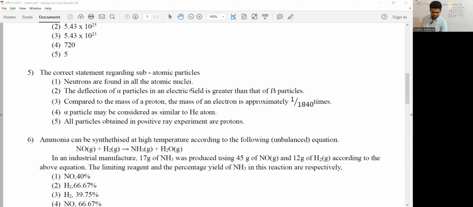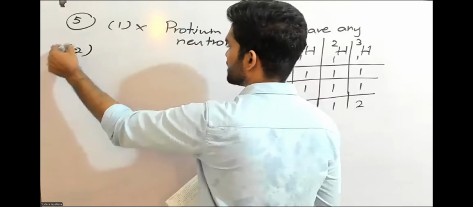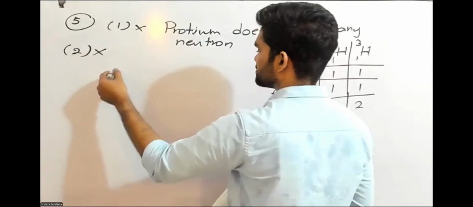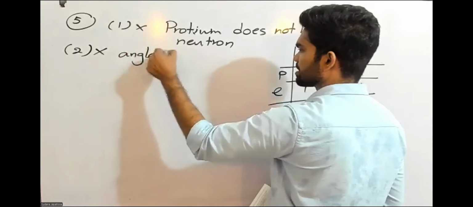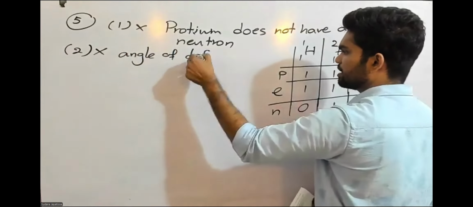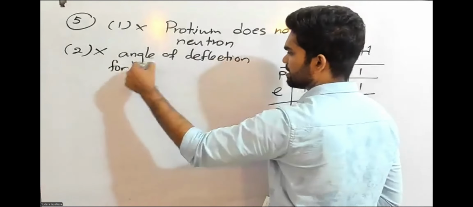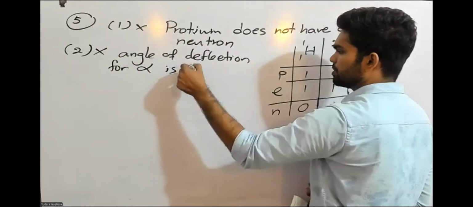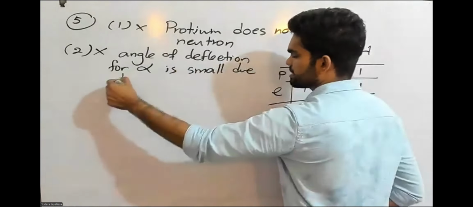The deflection of alpha particles in an electrical field is greater. That is wrong. Deflection of alpha particles will be smaller. Why do alpha particles show a smaller angle of deflection? You can say the angle of deflection for alpha is small due to its higher mass.